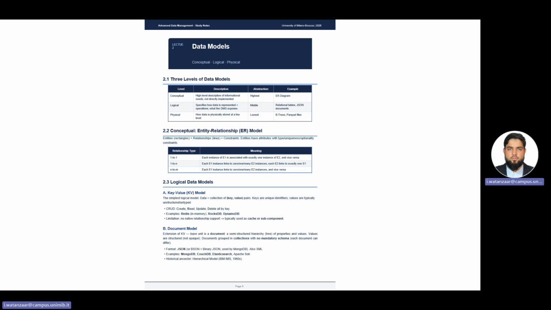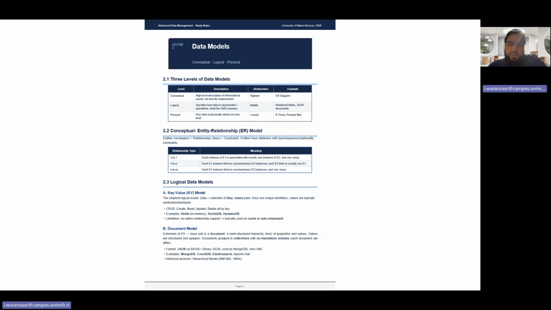These are the three models, which are quite famous. Starting with the first one, it is a quite short representation of the whole models. If we see the levels of conceptual, then logical, then physical, each one has a description alongside its abstraction and examples.